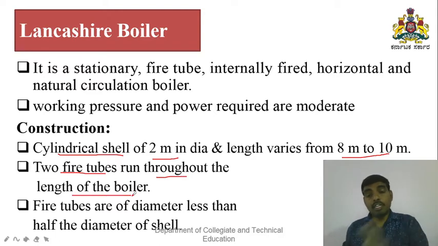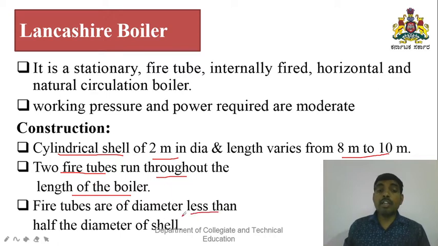I will explain in detail in next slides. So one is the cylindrical shell and the other is the two fire tubes. The fire tubes have a diameter less than half of the diameter of the shell. Here the two major fire tubes are there, and their diameter is less than the diameter of the shell of the boiler.